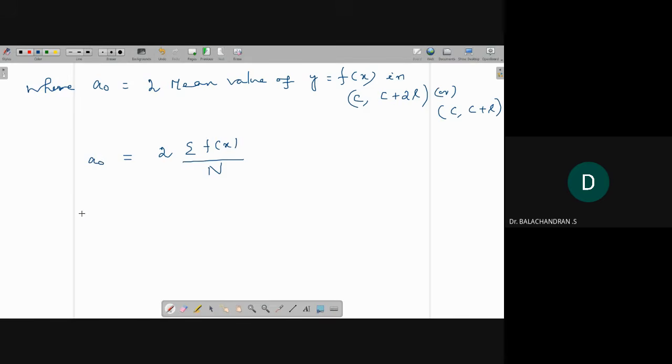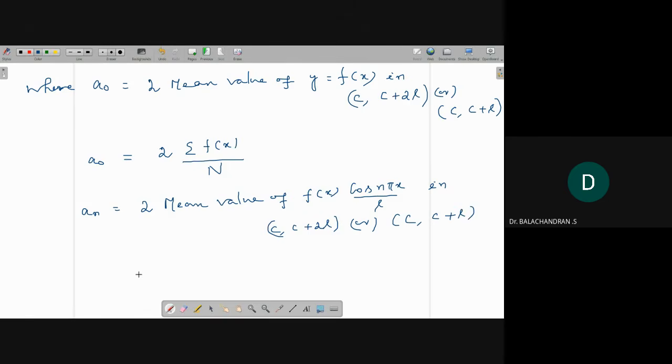And then a n is 2 into the mean value of f of x into cos n pi x by L, in the interval c comma c plus 2l if it is a Fourier series, or if it is a half range sine or half range cosine, then in the interval c comma c plus l.